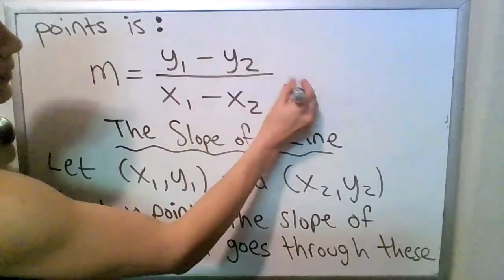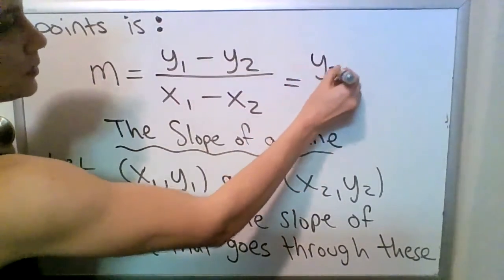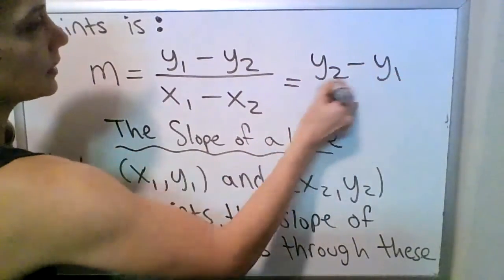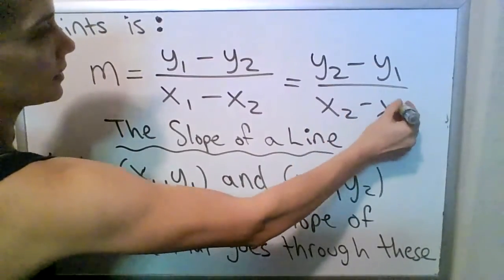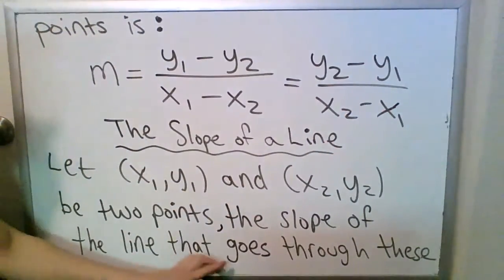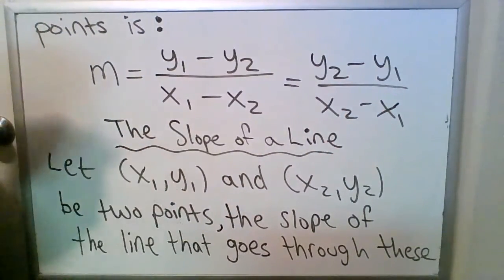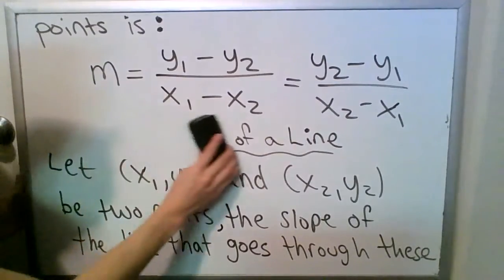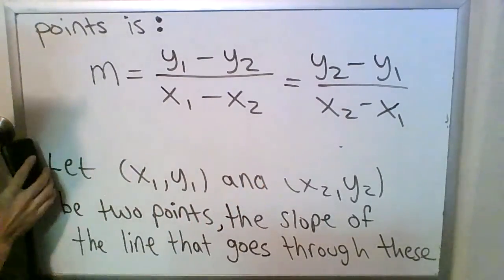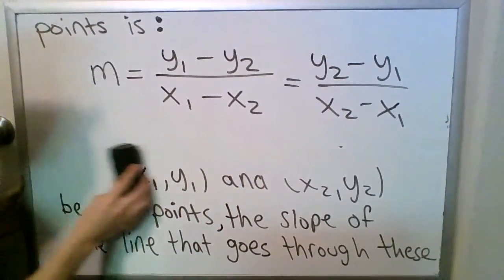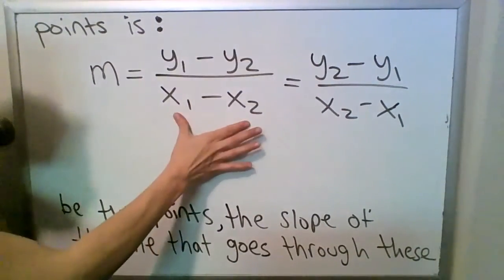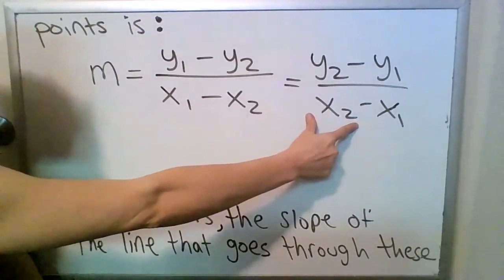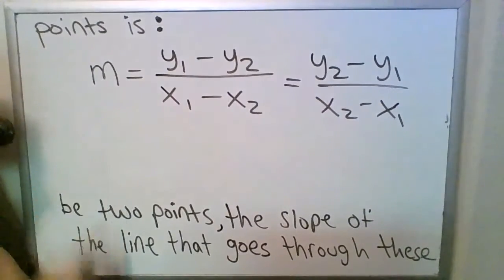But if your difference in y values starts with y2 and then you minus y1, you divide by x2 minus x1. So you can do it this way, you can do it that way. Either way, you'll get the same slope.